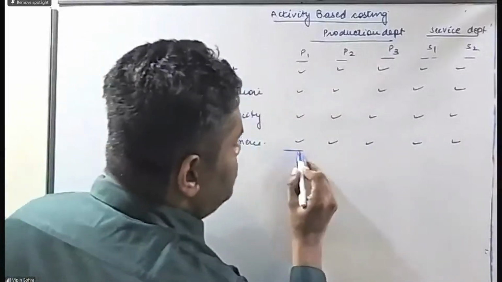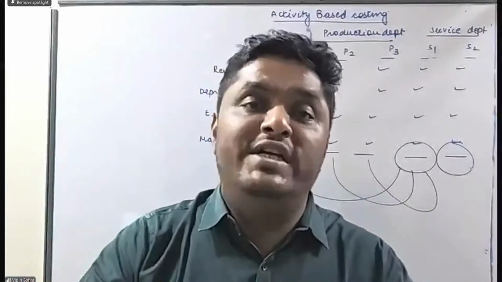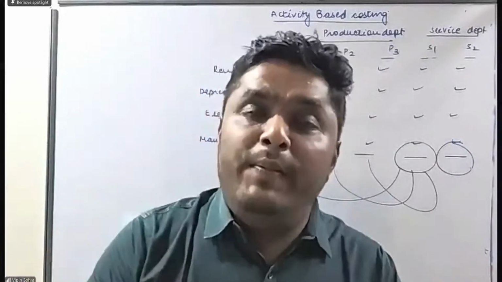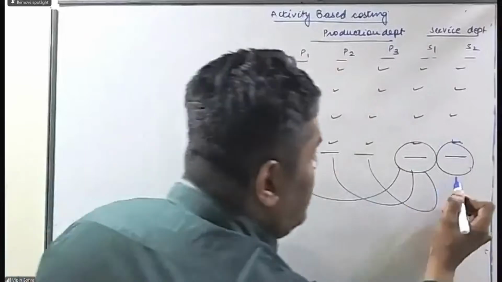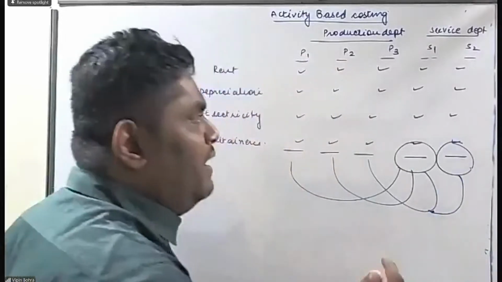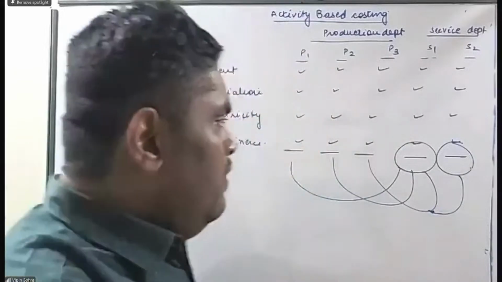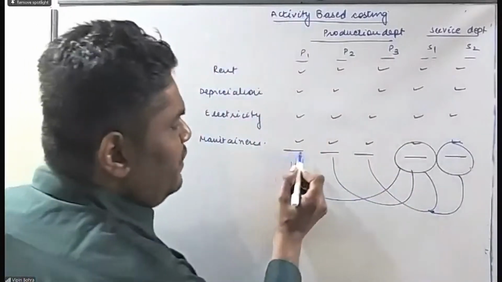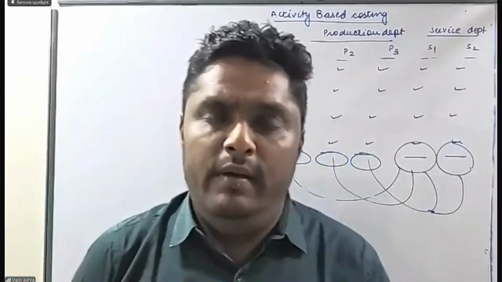No units are manufactured in the service department, so you used to go for secondary distribution, wherein all the overheads of the service departments are redistributed to the production departments. After redistribution, we used to get the final figure, that is the total overheads of the production departments.